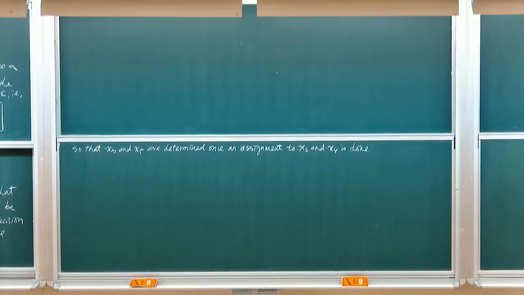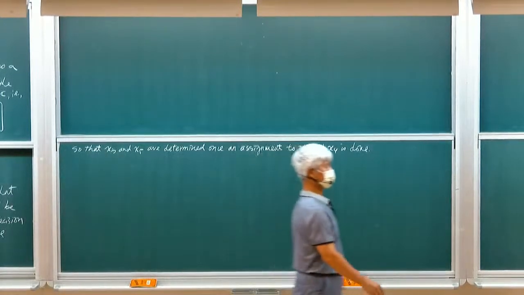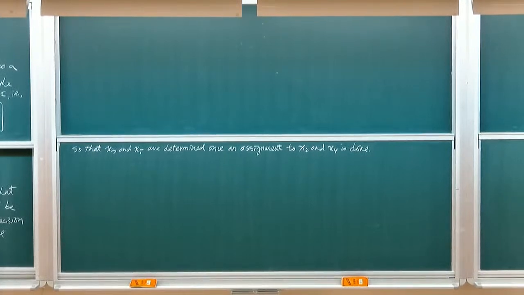There are other combinations. For example, you can set x2 and x3 free. Okay? So the other choice, if you would like to set x2 and x3 free, then you are able to express x4 and x5 in terms of x2 and x3. Okay?